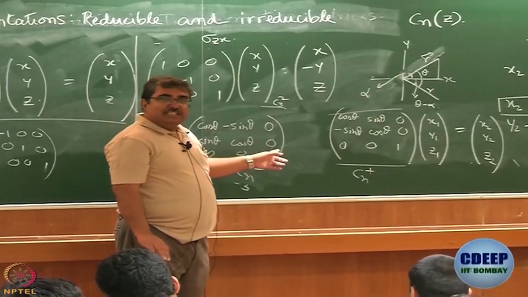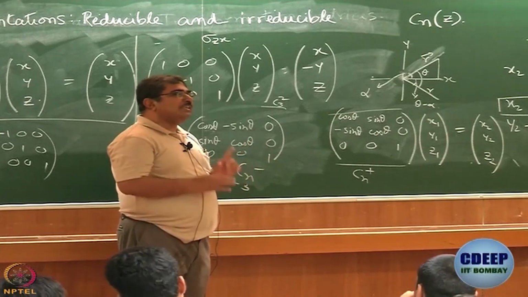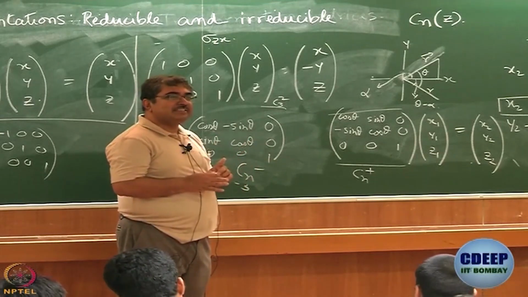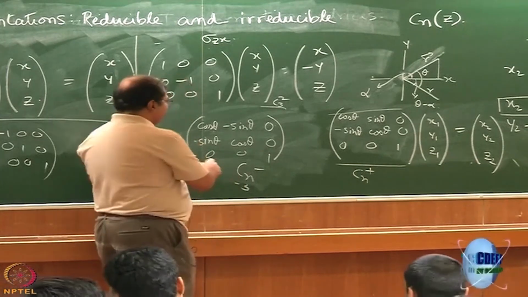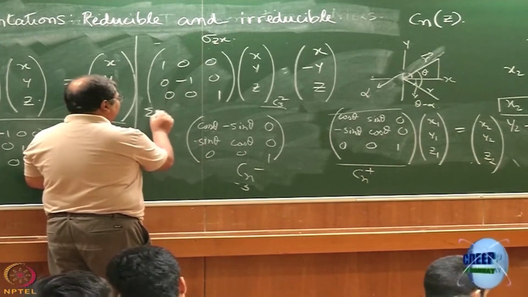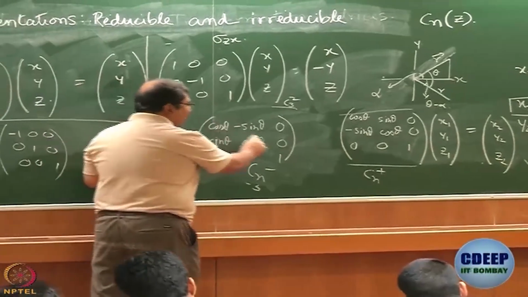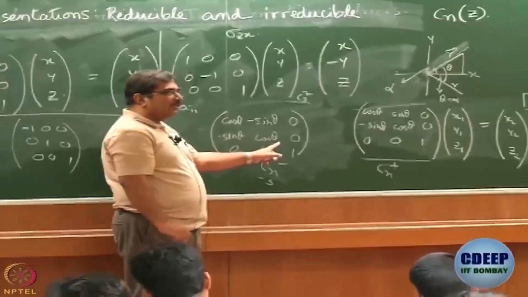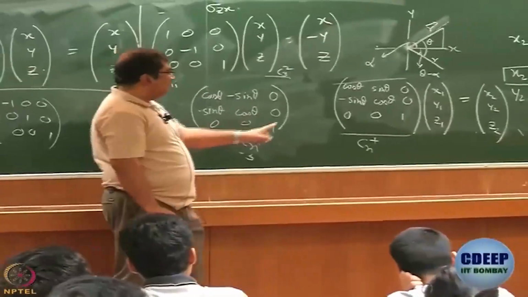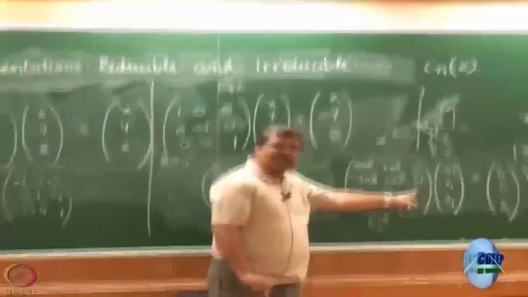And this leads us to an important conclusion. Do you know what is the character of a matrix? Trace. It is the sum over a_ii, right? You add the diagonal elements. What is the sum here? 2 cos theta plus 1. What is the diagonal here? Again 2 cos theta plus 1.